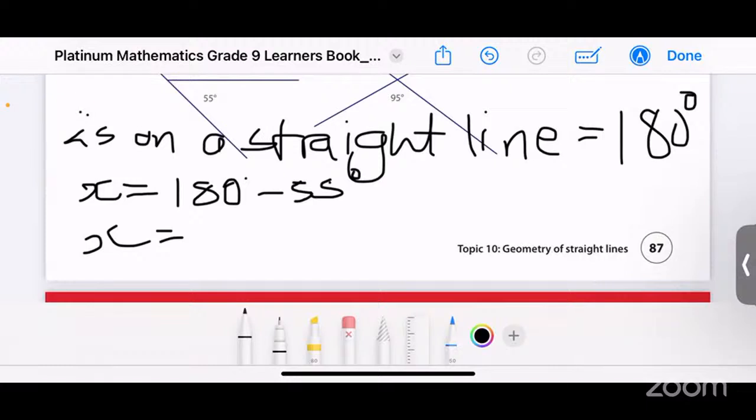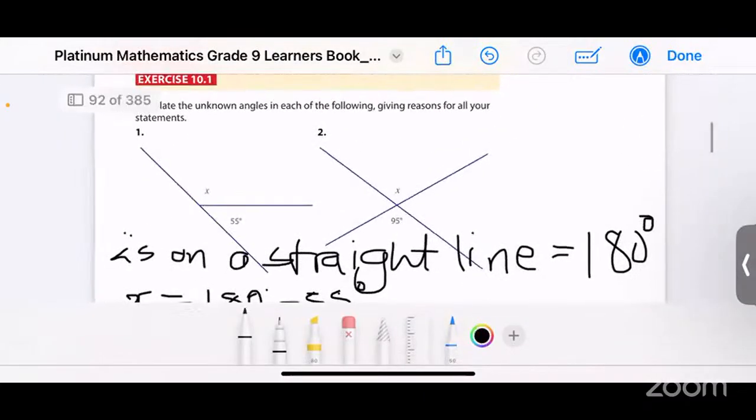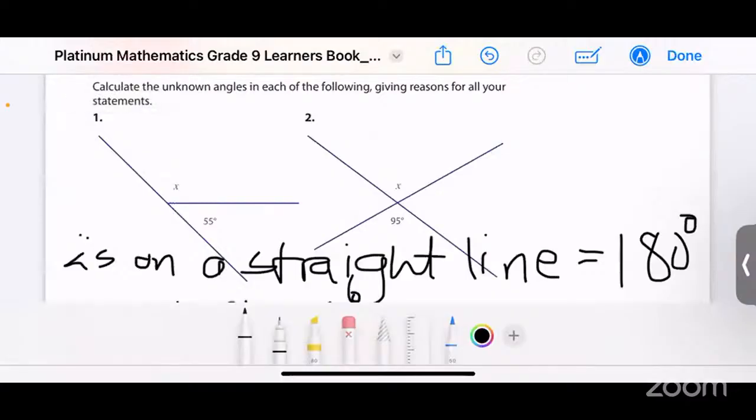Do you have your calculators with you? Ma'am, may you please repeat the question? The question, are you seeing the question? Question 1, are you seeing it? Yes, ma'am. Okay. This is a straight line, né?